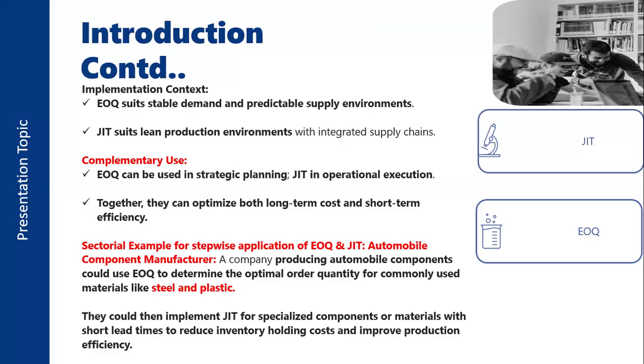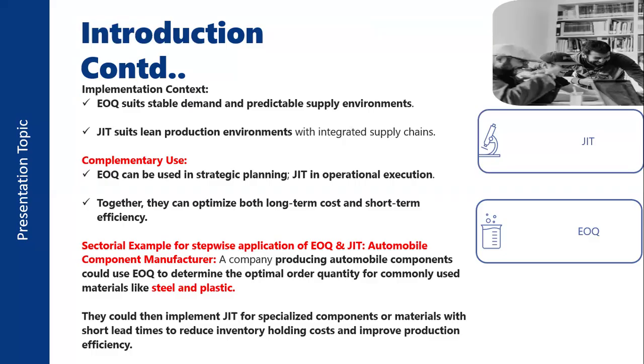For example, a company in the automobile sector producing components can use EOQ to determine the optimal product quantity for commonly used materials like steel and plastic. This is from the side of EOQ.